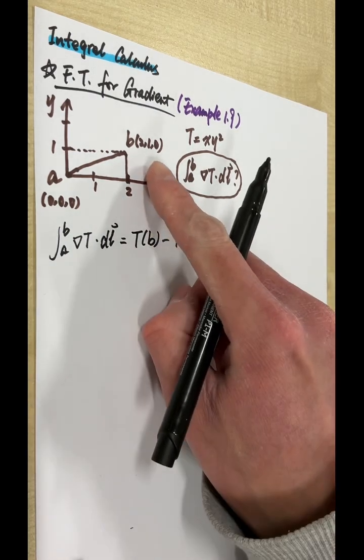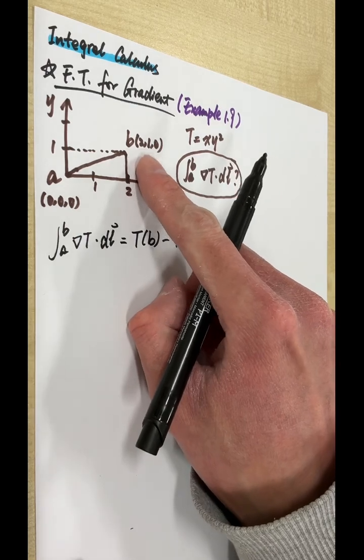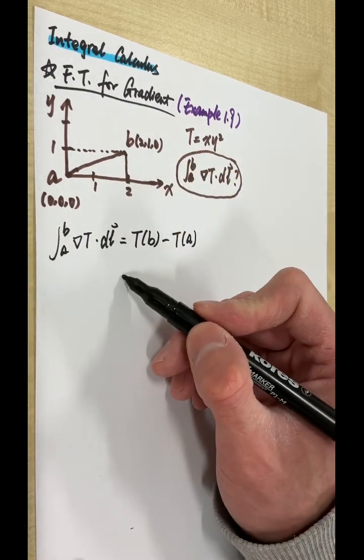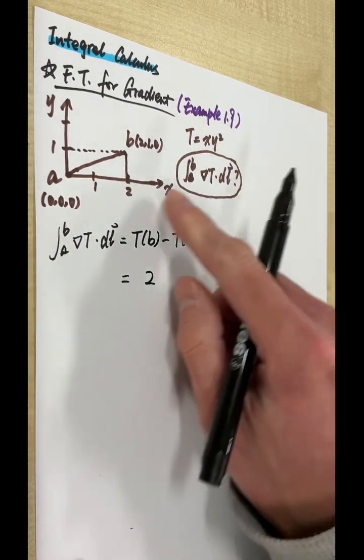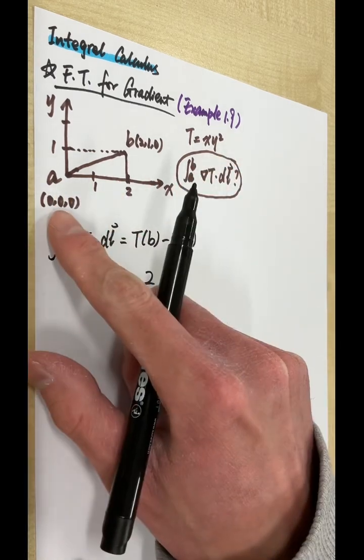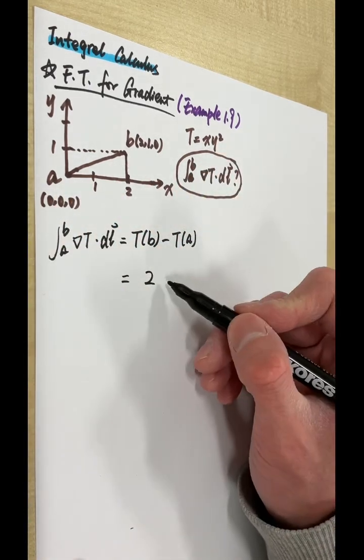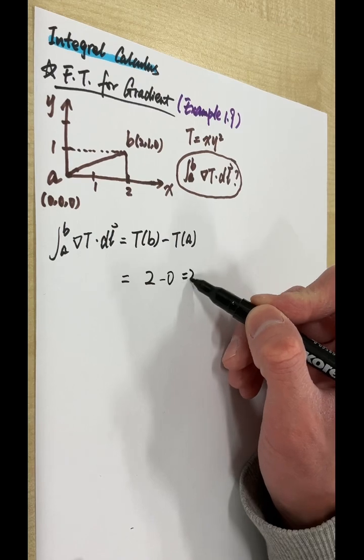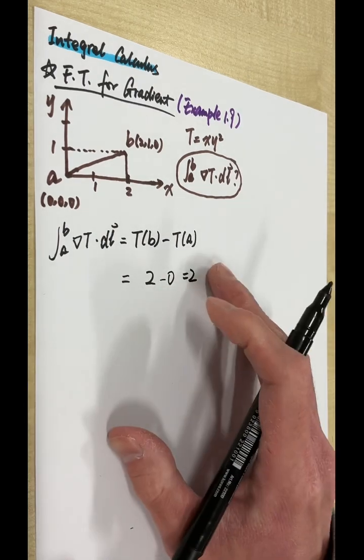For T(b), we have x equals 2, y equals 1, so this gives us 2. And for T(a), they're all 0, so T(a) equals 0. So we have 2. This is really, really easy.